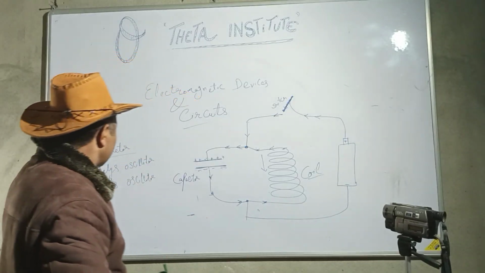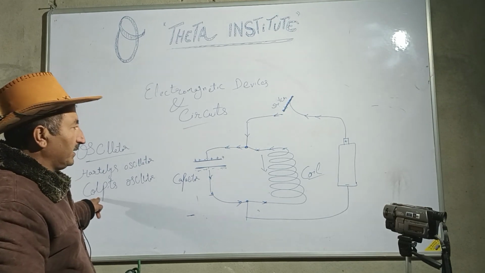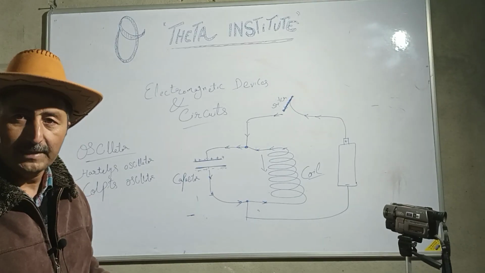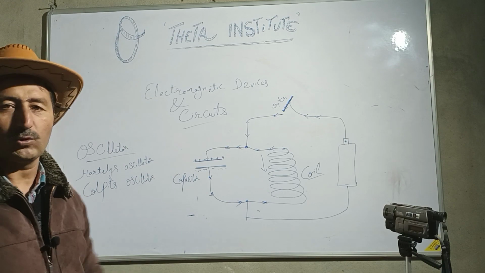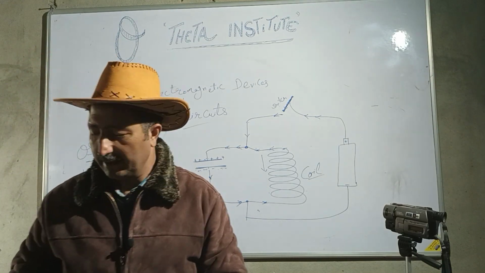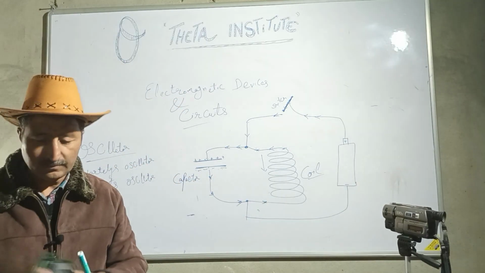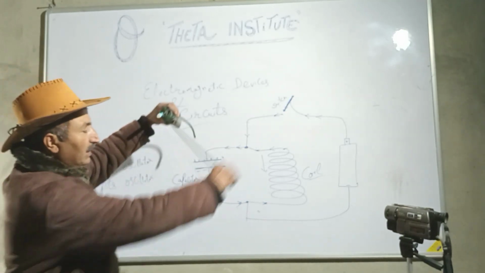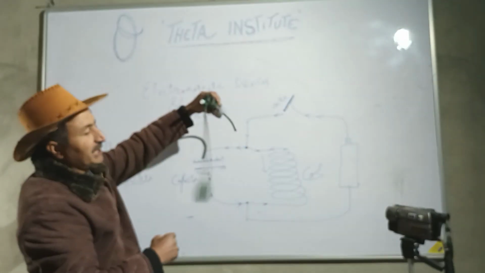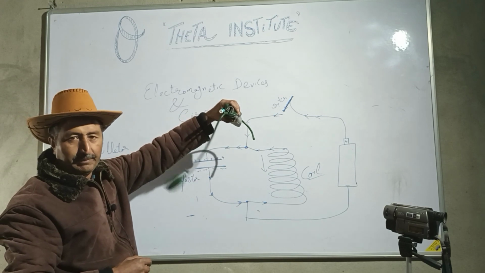Now, Hartley's oscillator and Colpitts oscillator, they have devised circuits for how to maintain these electric oscillations. It means when we make electric oscillations, they will ultimately fade.